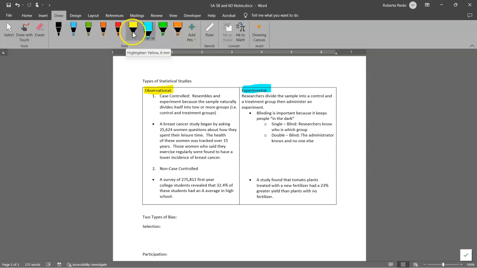An observational study is when we are simply observing the participants.